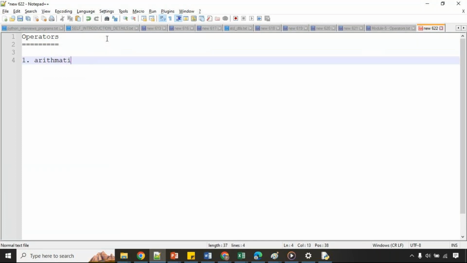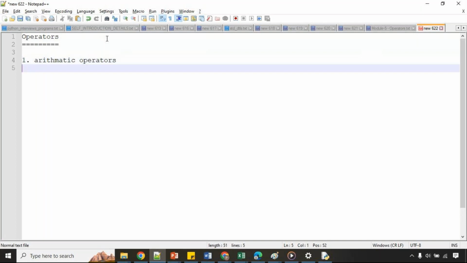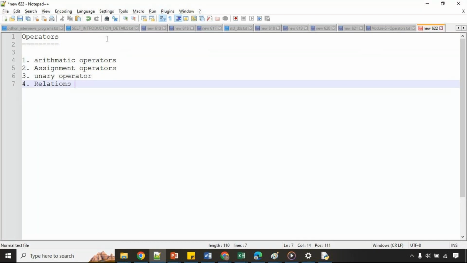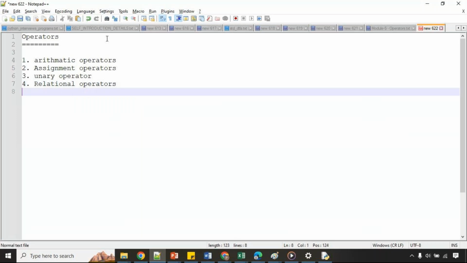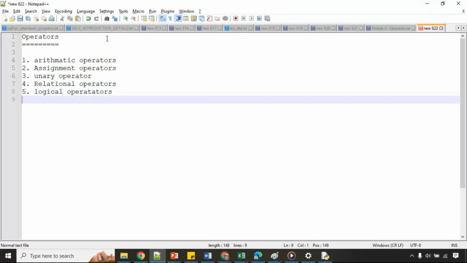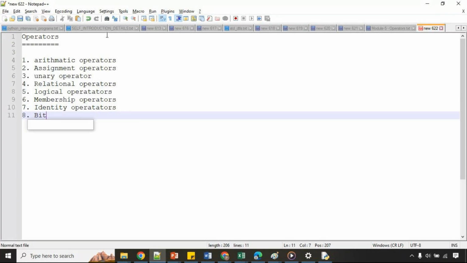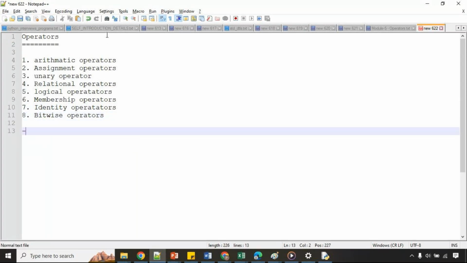For example, arithmetic operators, assignment operators, unary operator, relational operators, and logical operators, and membership operators, and identity operators, and bitwise operators. Here, operators are a kind of symbols.